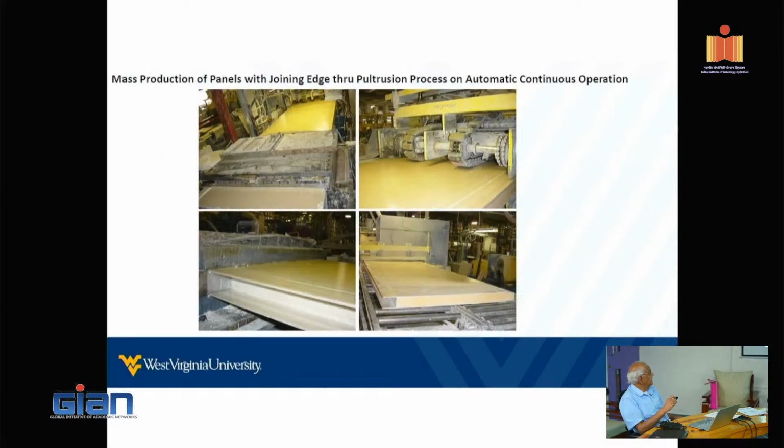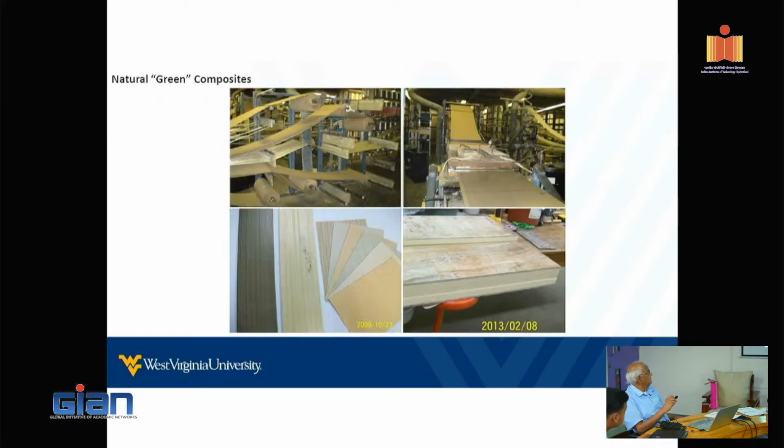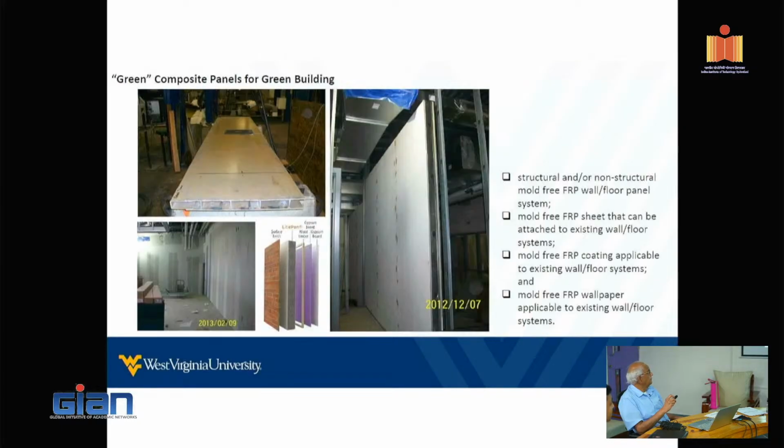Here is a pultrusion process with foam. This is a polyurethane foam core. You can have many different foam cores, but this is one of the many. That is how we built that building. That's the pultrusion process.